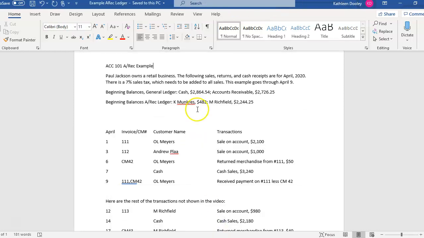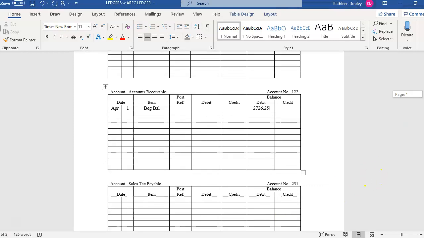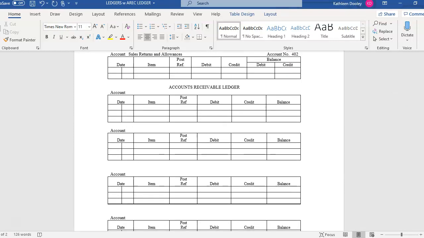So now let's take a look. Here are our beginning balances for the customers for the accounts receivable ledger. So we've got K Moncrief as $482. So we're going to go down to our accounts receivable ledger. Here's one of them.